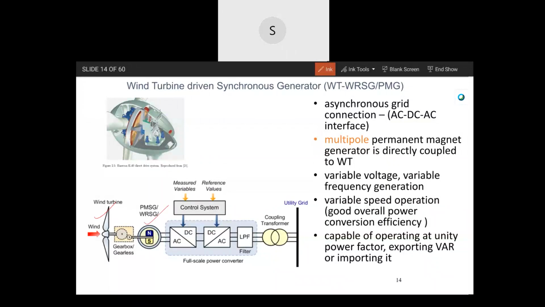If it is the conventional traditional alternator, that is wound rotor, then the gear is required. Otherwise, if it is permanent magnet, then gear is not required. Why? The gear was to keep that difference in speed between the turbine and the generator. Now here, if you can increase the number of poles in the generator, then the speed can be brought down.